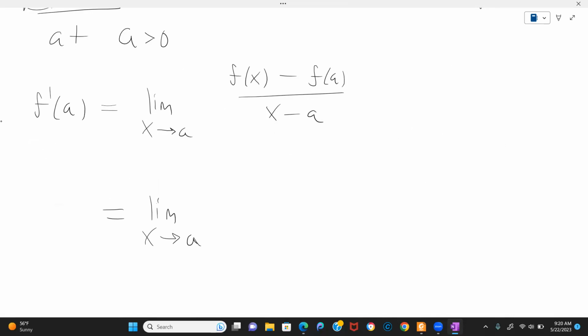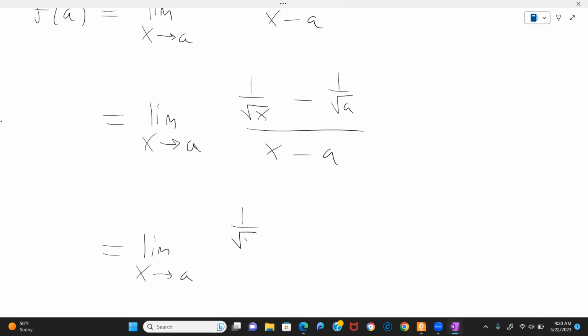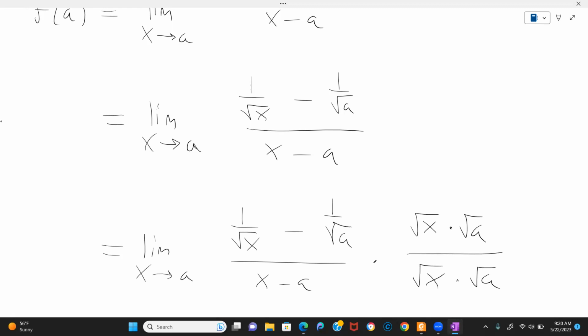Now the numerator is going to be 1 over square root of x minus 1 over square root of a, divided by x minus a. And now what we're going to do on another line is multiply by square root of x times square root of a, and then of course if we multiply by that, we have to divide by that, otherwise we change the fraction.